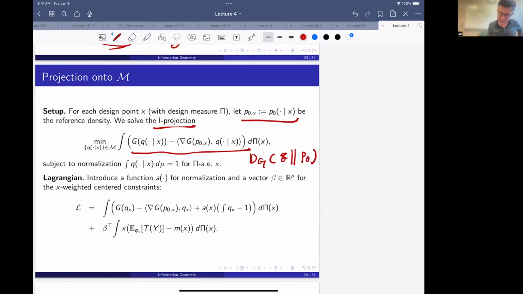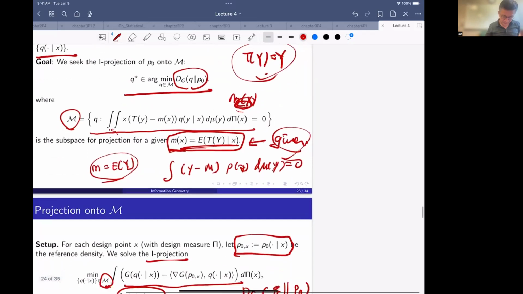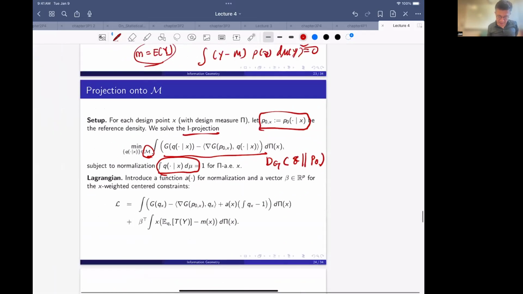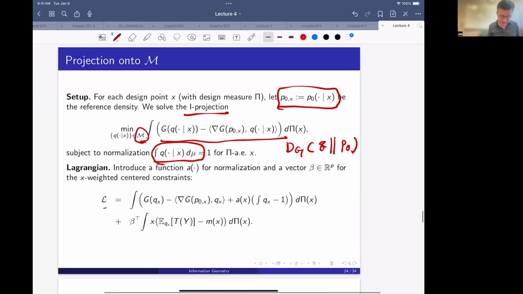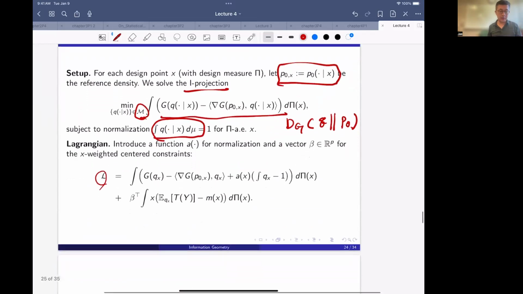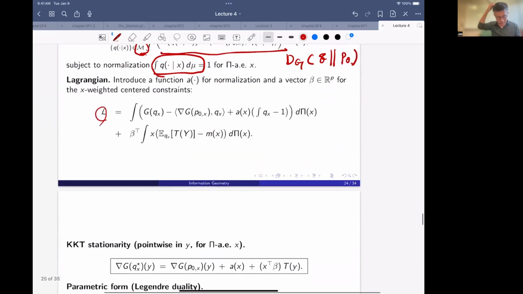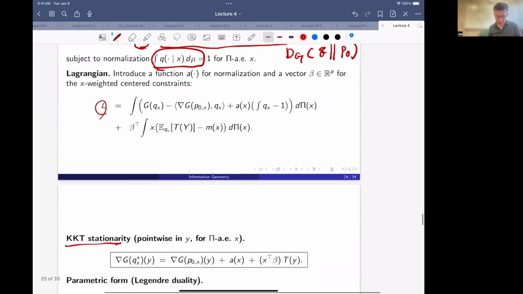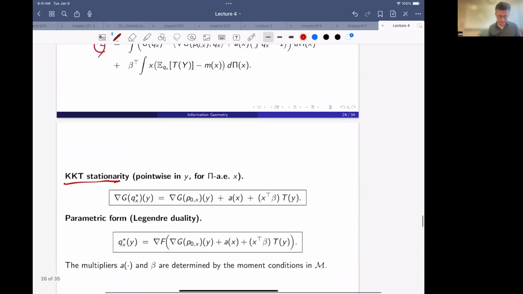So P0 is essentially the initial point. So here the point is essentially all conditional density, right? And then the constraint is this one, and M we already defined before. So then we can apply a Lagrangian multiplier method, and then apply Kuhn-Tucker conditions to get the functional form. So end of the day, this is our form.